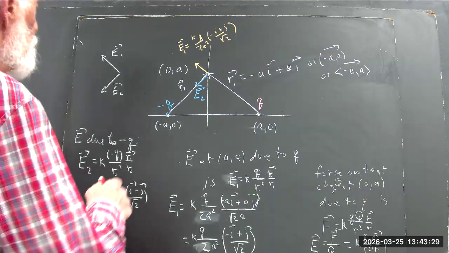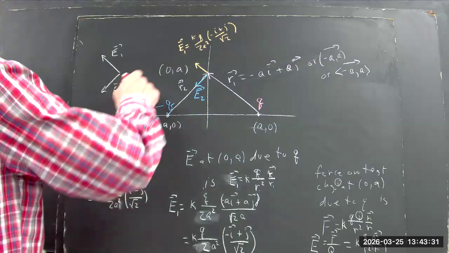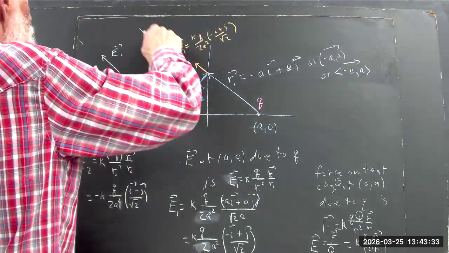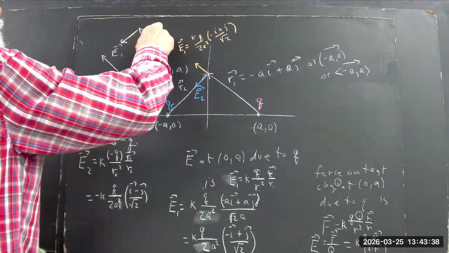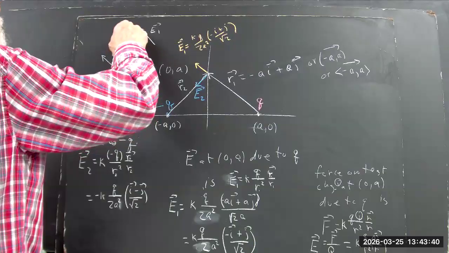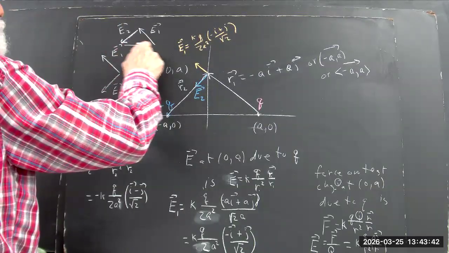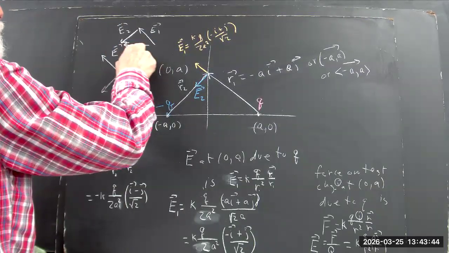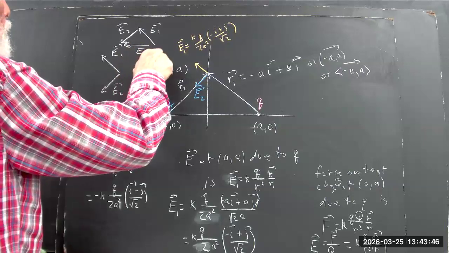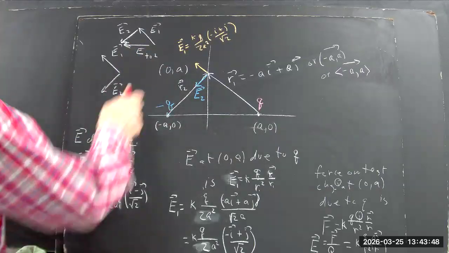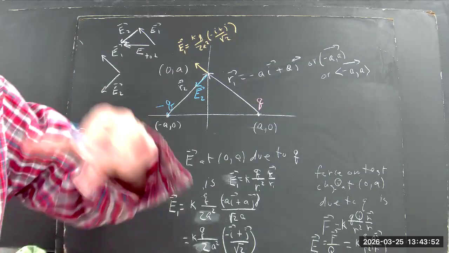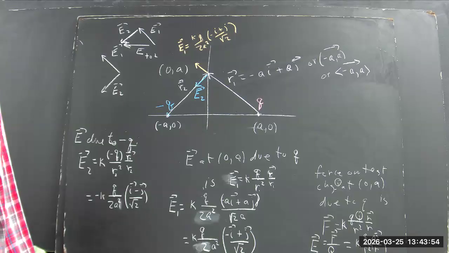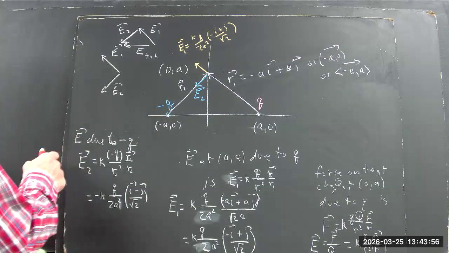So if I want to add these vectors, I can do it like this. I can do E1, E2, which I came up a little short on because it was kind of in the way here, but here's E total. And it's horizontal. I drew that correctly, and my picture's a little tilted, because of the thing I mentioned.